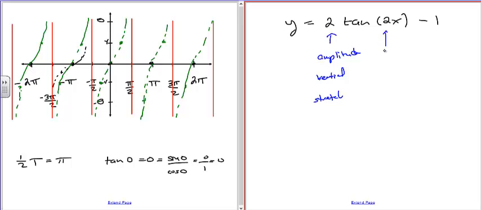This 2 is going to affect the period. That's A. So this thing is what we call capital A. This is small a. And this was C. C is the vertical shift. So there's no horizontal shift. There's no reflections across any axes.